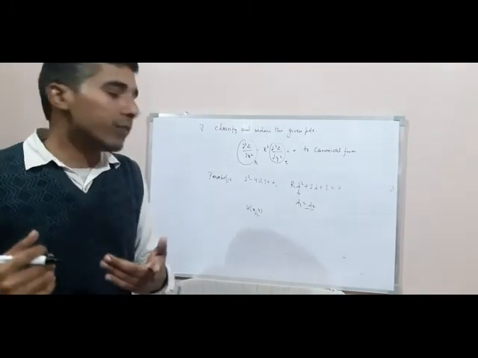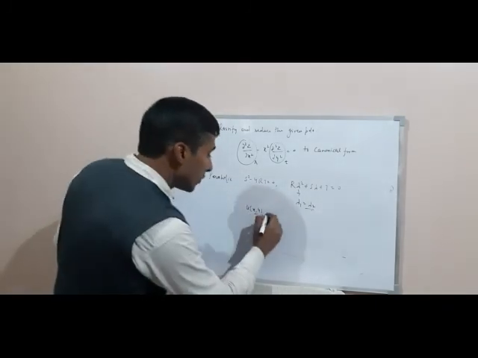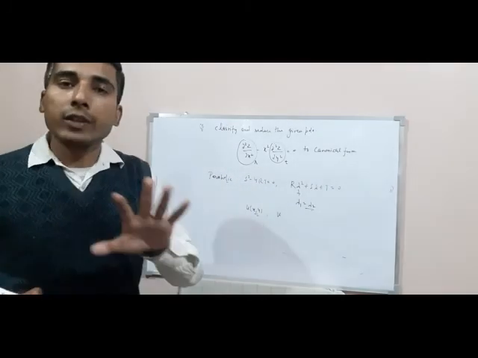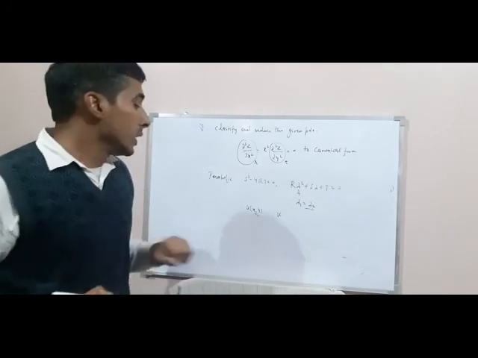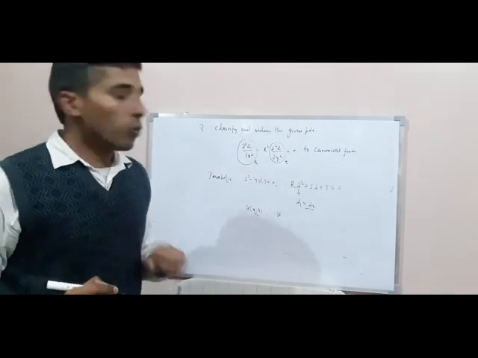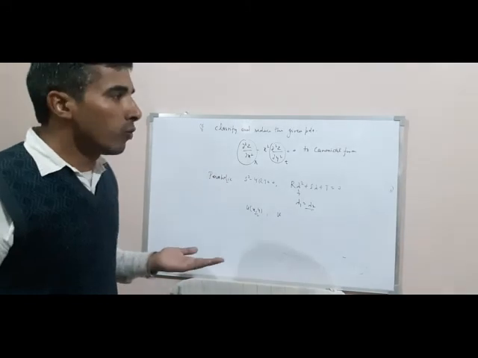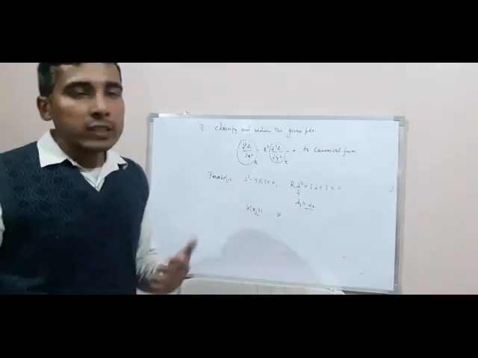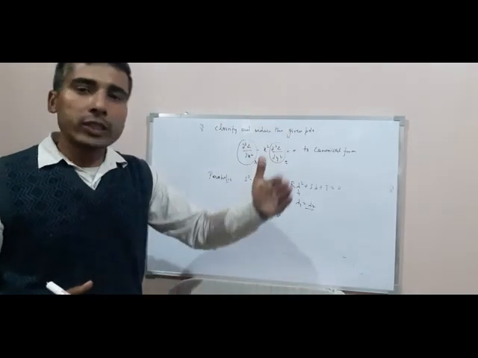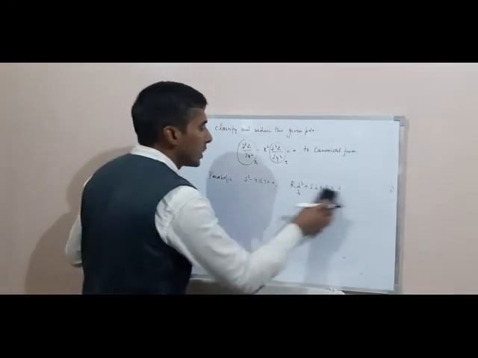We can take any v, but it should be kept in mind that when we choose the v it should be linearly independent of u. That means the Jacobian of u and v should be non-zero. So when we choose v, repeat the same steps and find the values of p, q, r, s and t and substitute these values in the given equation, and the given equation is reduced to its canonical form. So this is the situation when the equation is parabolic.